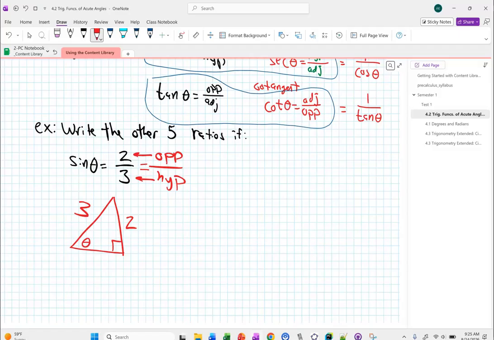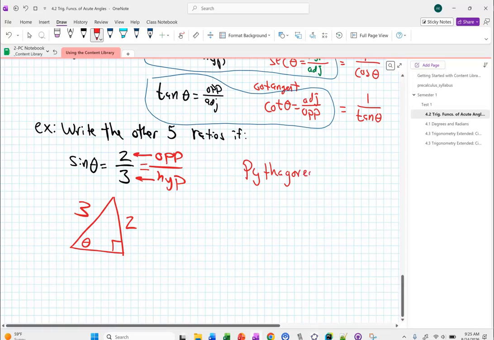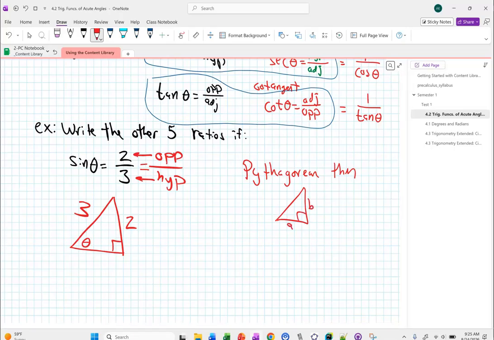Pythagorean theorem. So remember the Pythagorean theorem says for a right triangle with sides A, B, and C, where A and B are the legs and C is the hypotenuse, that A squared plus B squared equals C squared.